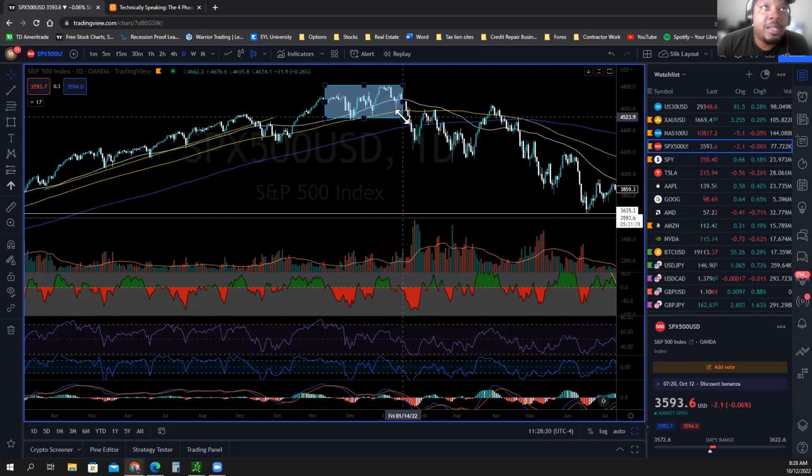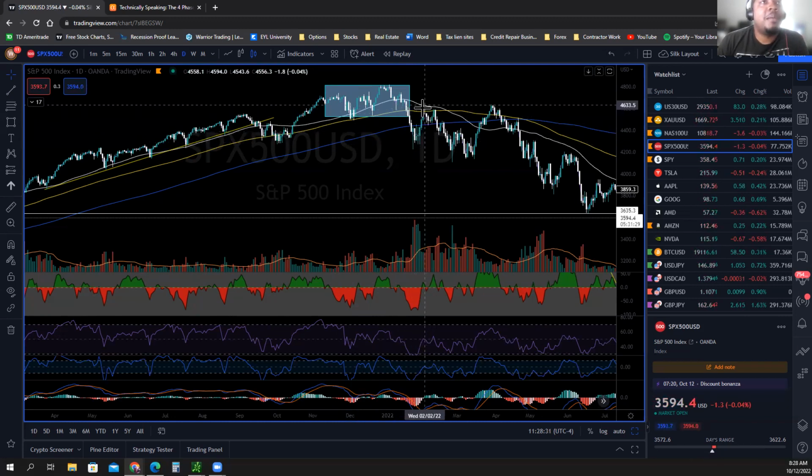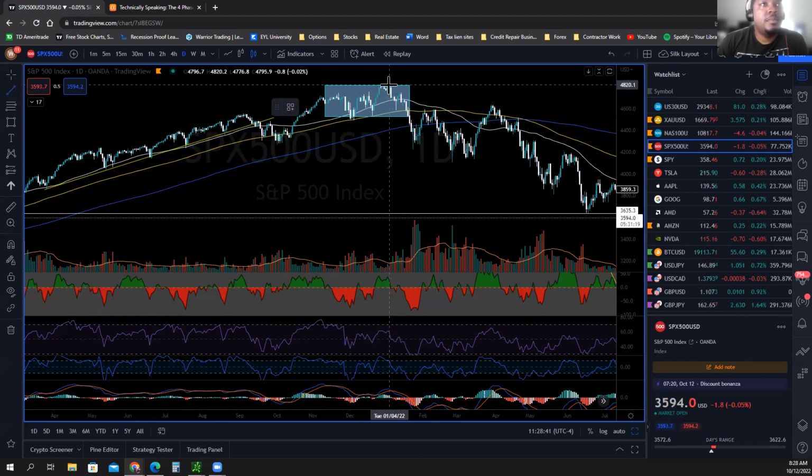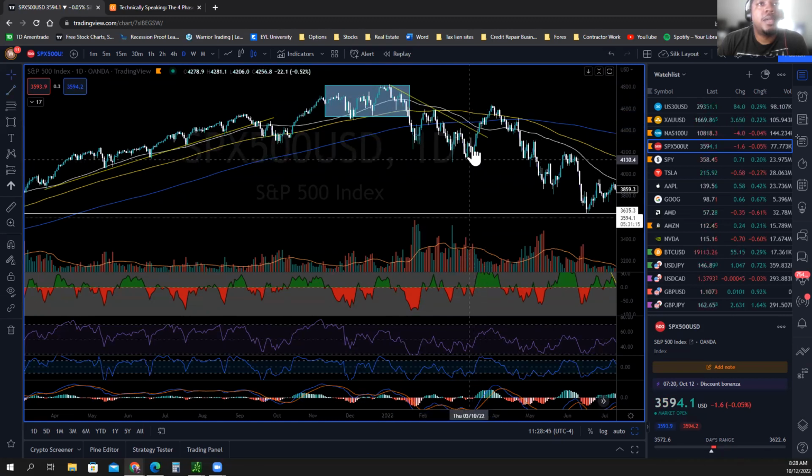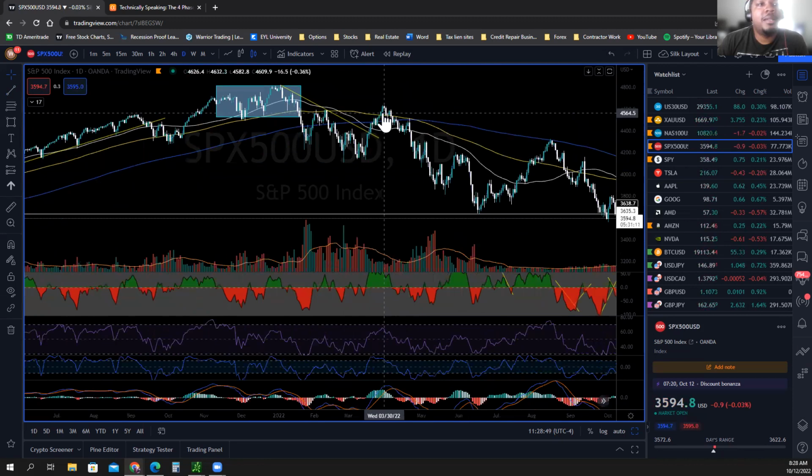Now, once you have a breakdown out of this box, right? So when price here moves below this box, boom, and it continues down, makes a lower low, comes back, makes a lower high. This is the beginning of your downtrend, right? Now it does come back up, makes this high, and then it continues on down.